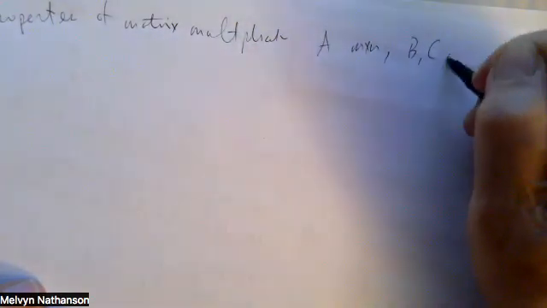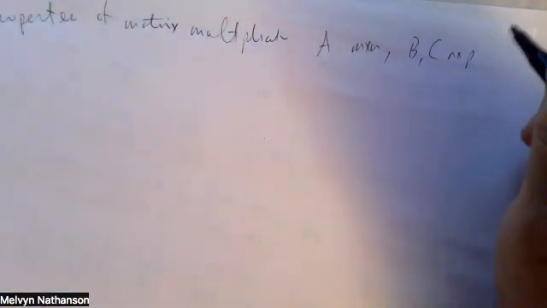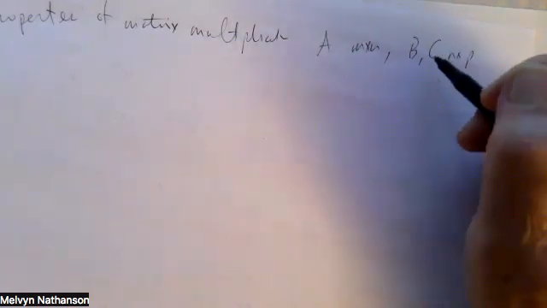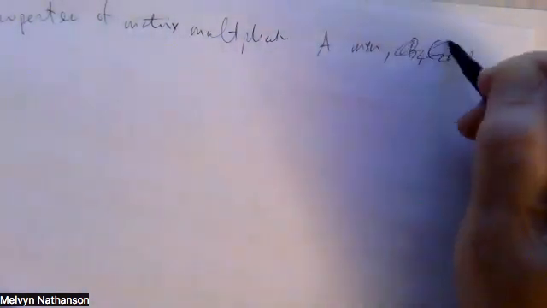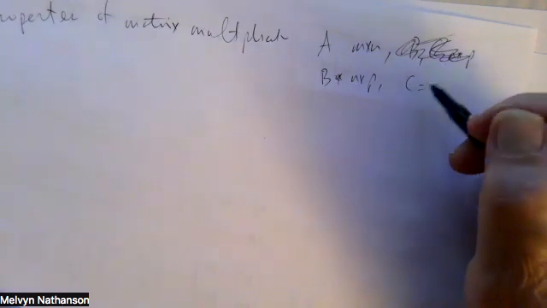So suppose A is an m by n matrix and B and C are n by p matrices. Let me say it differently. Suppose A is an m by n matrix, B is an n by p matrix, and C is a p by q matrix.